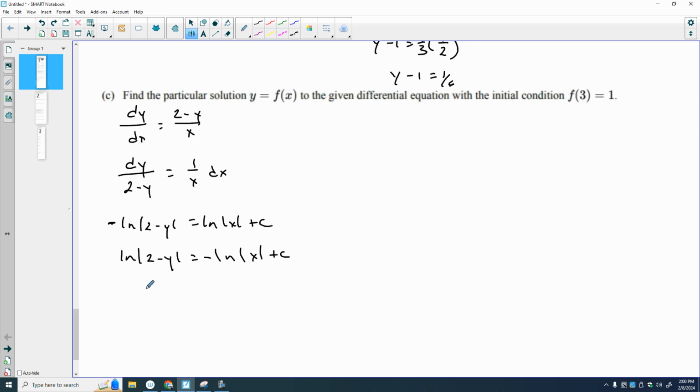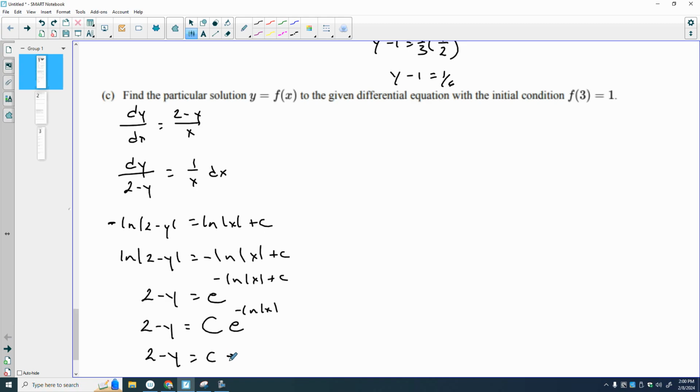Switching forms, and we get 2 minus y equals e to the negative ln of absolute value of x plus c. And I get 2 minus y, doing our little trick, making that just a capital C, e to the negative ln absolute value of x. I'm going to take this negative in front and move it up into the exponent because I can, and it makes things nice.